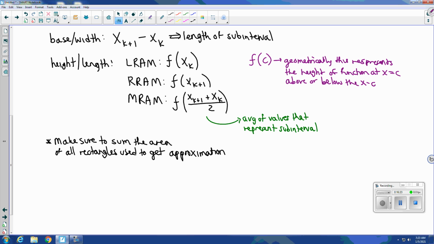So it's telling you the distance. So maybe we'll make a little note for height.